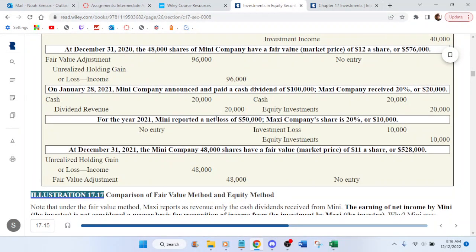Net loss for the company, record investment loss, equity investments for equity method. You have fair value, no entry for this one, but for this one it's unrealized holding gain or loss income, and fair value adjustment for that one.